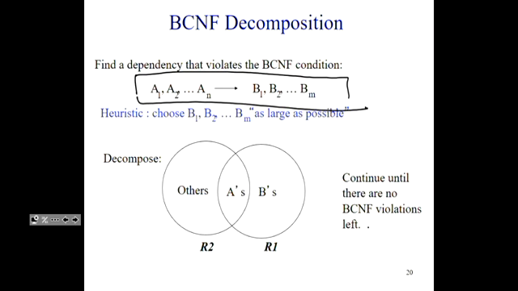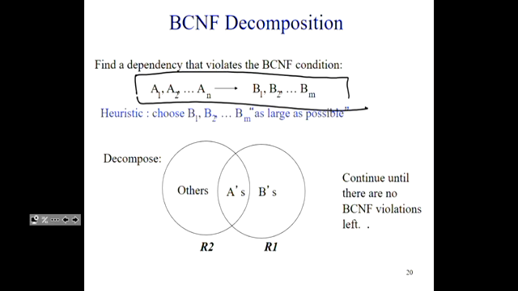What that means is you have a non-trivial functional dependency such that the left-hand side is not a super key. Okay? So the left-hand side is not a super key, but this functional dependency still holds, right?